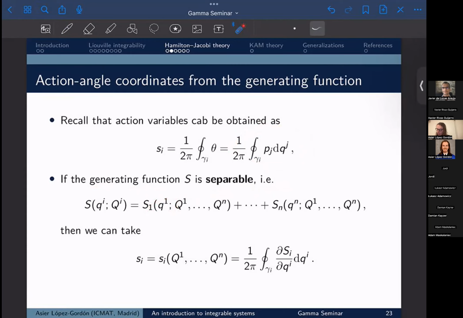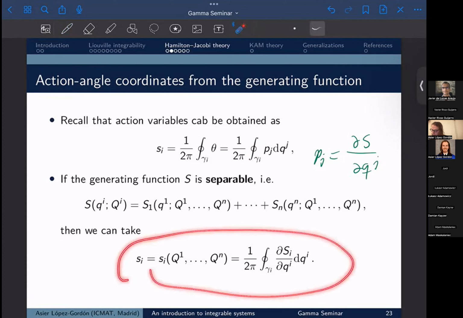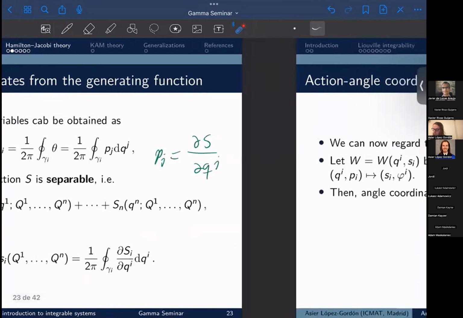Then we can rewrite these p_j's as the partials of S with respect to q_j's, and we can obtain action angles this way.